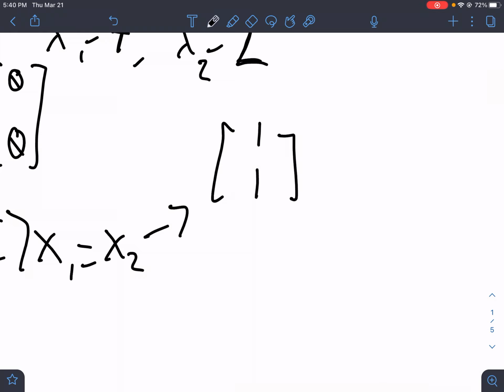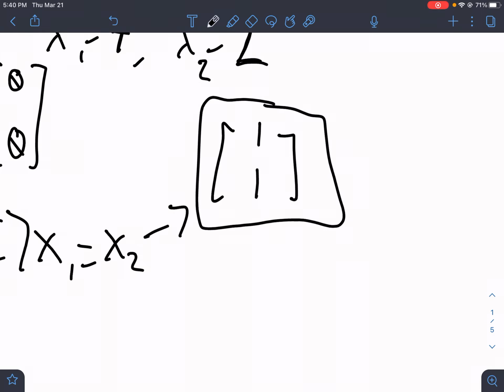However, there's one more step. We need to normalize every eigenvector that we report. Now, one handy thing about eigenvectors is that [1, 1] is an eigenvector of A, but the span of every eigenvector is still an eigenvector.